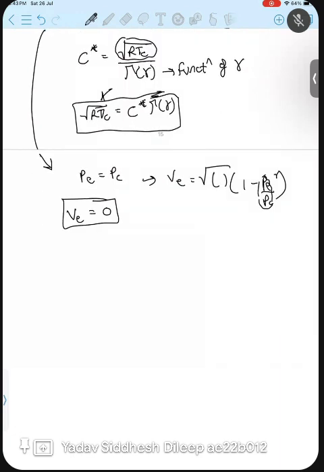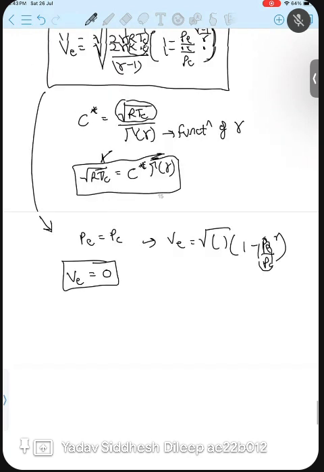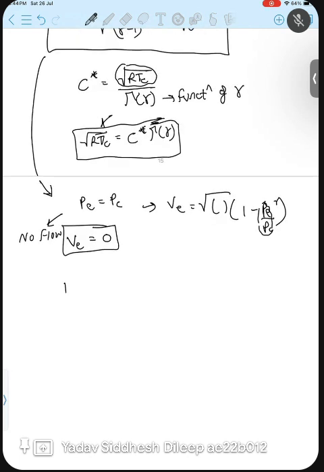Okay, let's derive further. This is the no flow condition. Another thing is, when P equals 0, that is space vacuum.